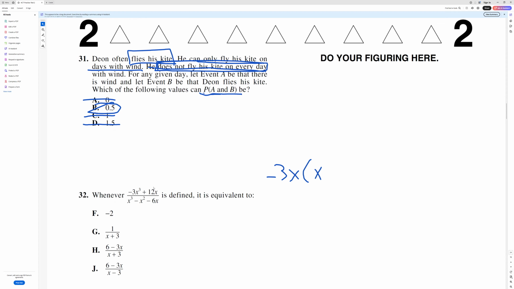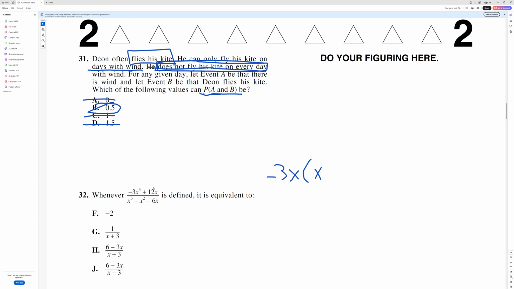Here I need two multiples of negative 6 that give me a negative 1. So that's going to be negative 3 and positive 2, because when I add them they're going to equal negative 1x, and when I multiply them it's going to give me negative 6. Assuming, of course, that I took an x out.